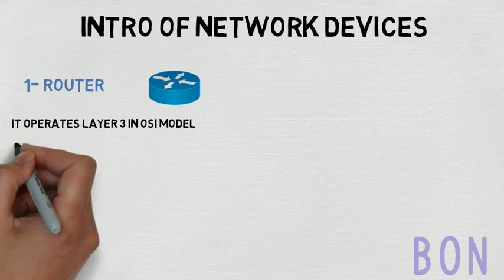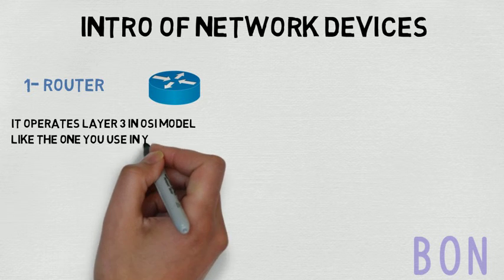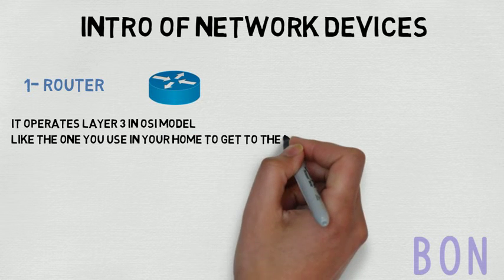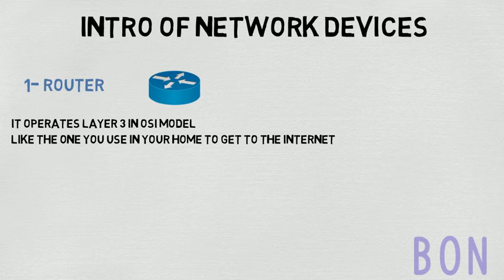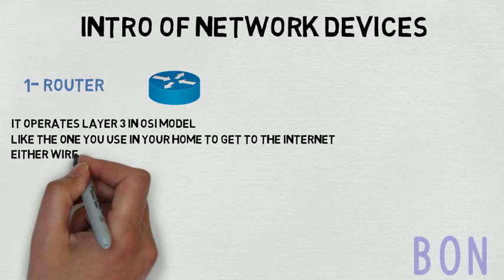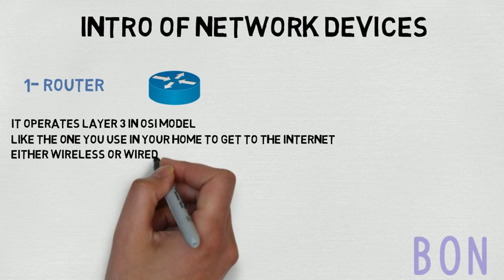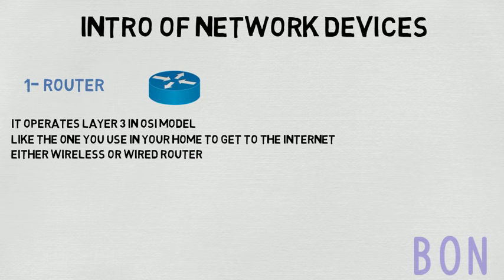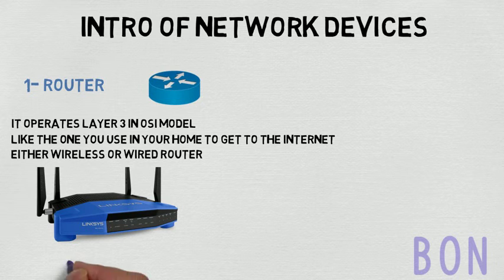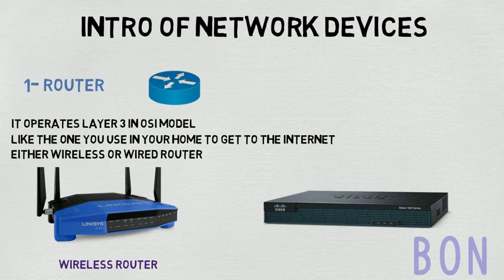Don't worry about what the OSI model is right now, I just want you to understand the idea. One of its uses is to get the internet in your home. It's also used as a wireless or wired router. A wireless router is used in your home. A wired router is most likely used in businesses.